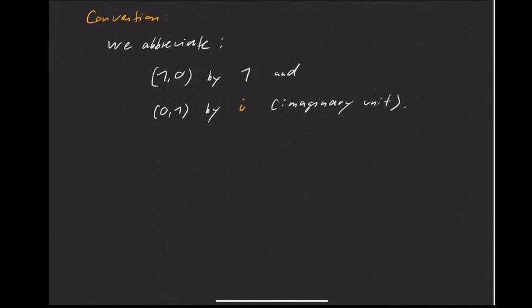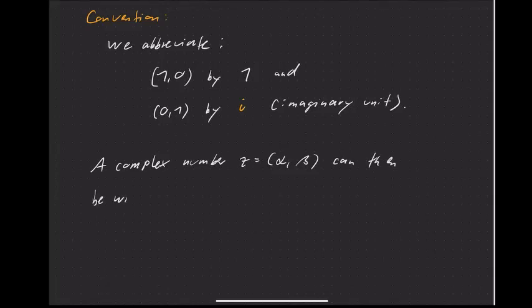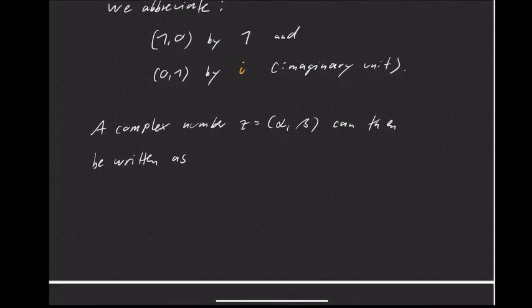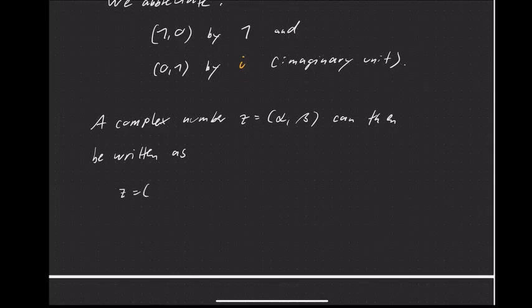Okay, and if we do that, then we can just write a complex number as a sum of those two. So a complex number z equals (alpha, beta) can then be written in the following form: z equals (alpha, beta), and we can write that as alpha times (1, 0) plus beta times (0, 1).